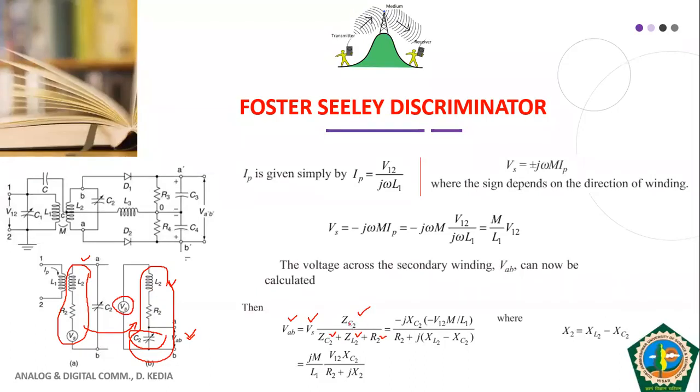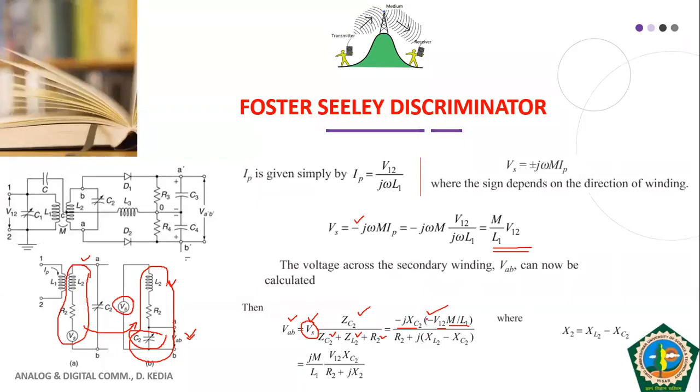Okay, and we know what ZC2 is since it is a capacitor, so we have minus jXC2. What is Vs? We have obtained Vs in the above expression, that is M by L1 into V12, with the minus sign we have taken, so the same thing has been taken here.